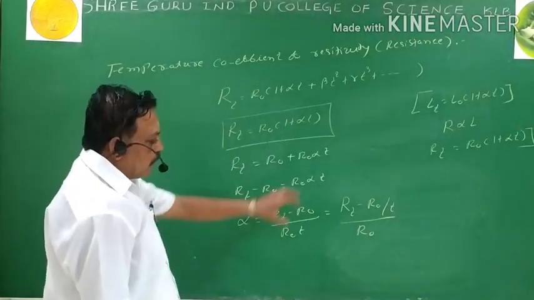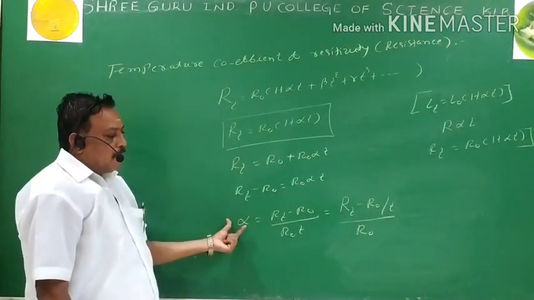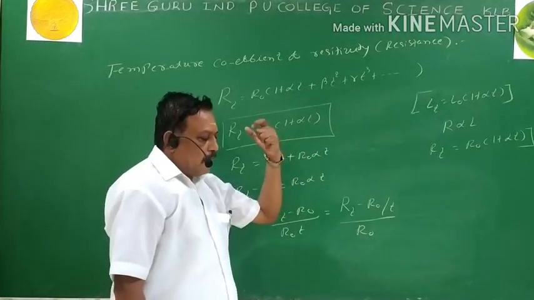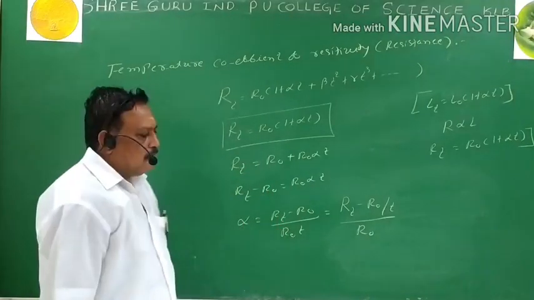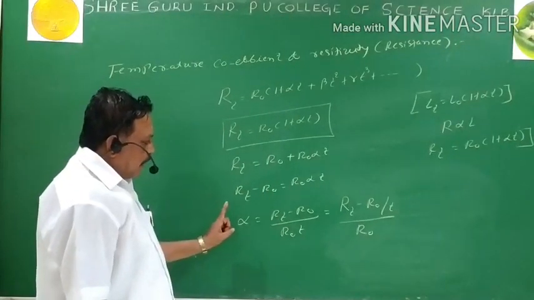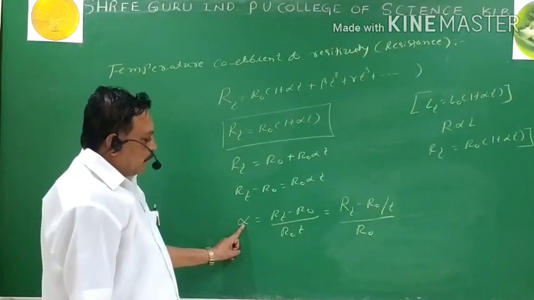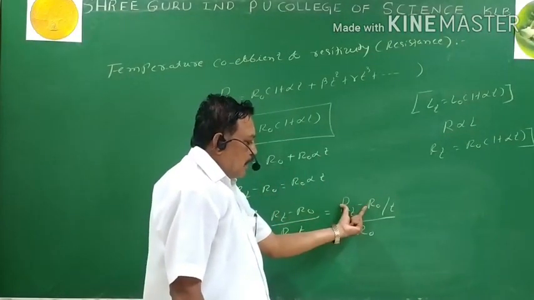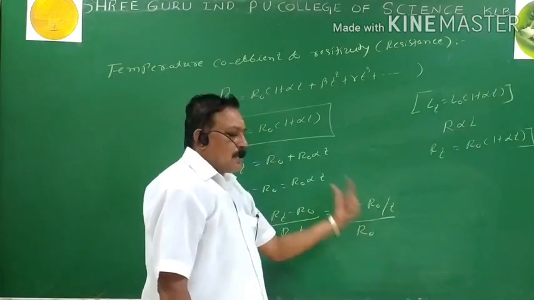Then I go for the definition. In the book they have framed the definition by keeping the equation in front of them. Just keep the equation in front of you and make the sentence yourself. Just a little bit of language is required. So the temperature coefficient of resistance alpha of a conductor of a given material is defined as the increase in resistance per degree rise in temperature to the resistance at 0 degrees centigrade.